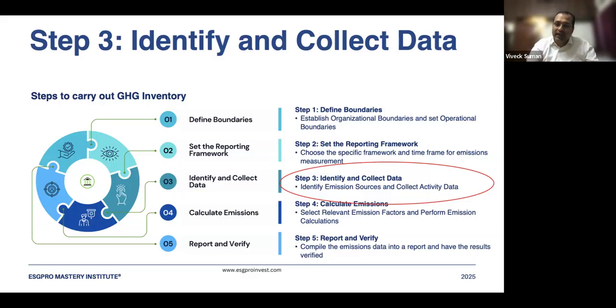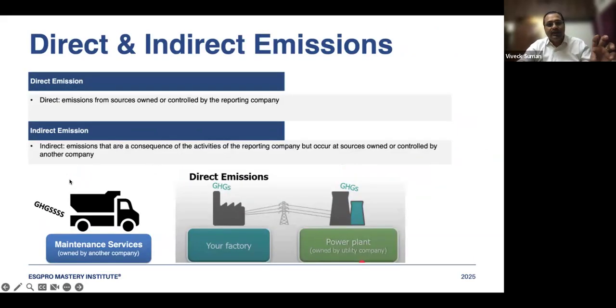For example, fuel purchasing, energy purchase, transportation method used, specifically this photograph. Okay, so that gives you the clarity that there are 3 steps. Step number 1 is your factory, which is sitting in the center, which is direct emission, right? Then you have indirect emission coming from both sides. One side is scope 2, which is the power plant.